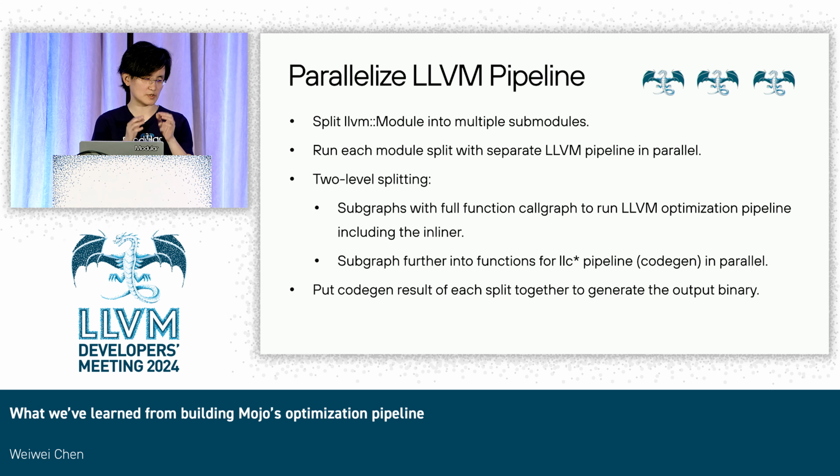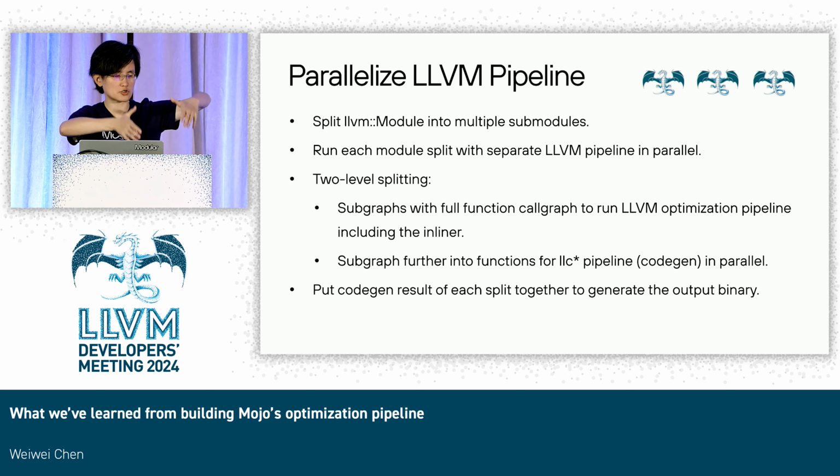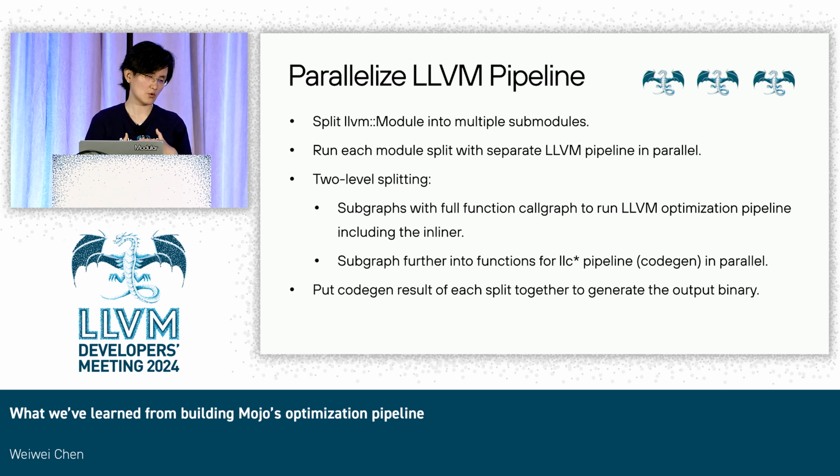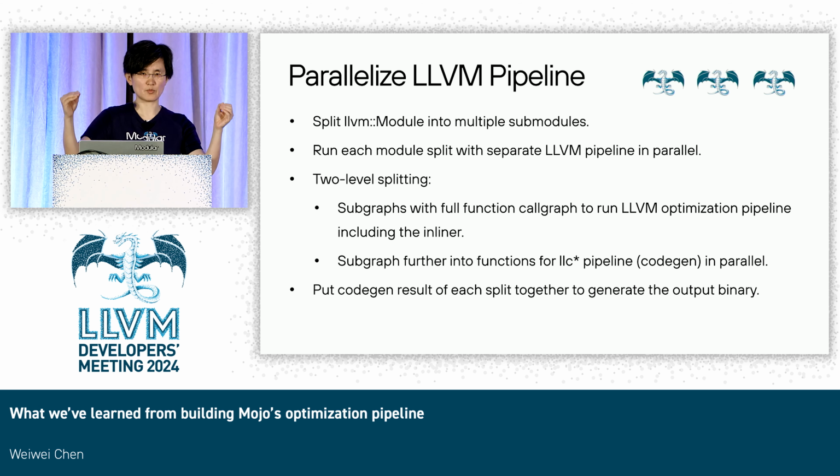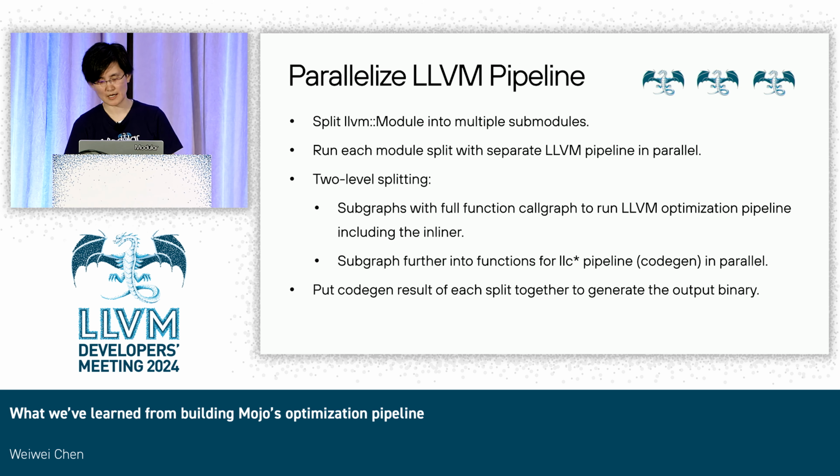The first level is that we split the unoptimized LLVM module into subgraphs, and each subgraph keeps the full function call graph, so that when we run the optimization, we can still run the inliner and they can see each other. We keep the optimization at that level. And once we optimize everything, we split the subgraph further into functions. Then we run the codegen part for every function in parallel. So it's a further parallelization. And at the end, we put the output together.